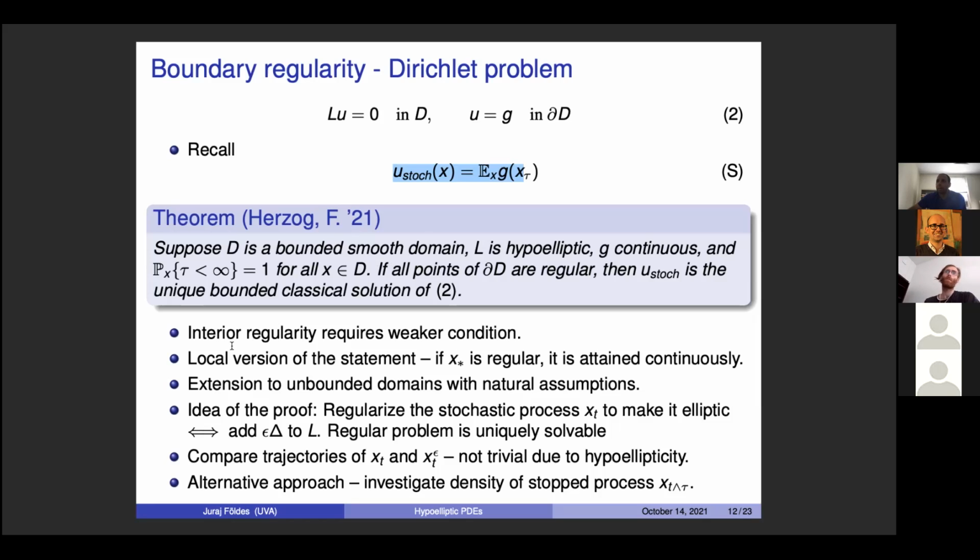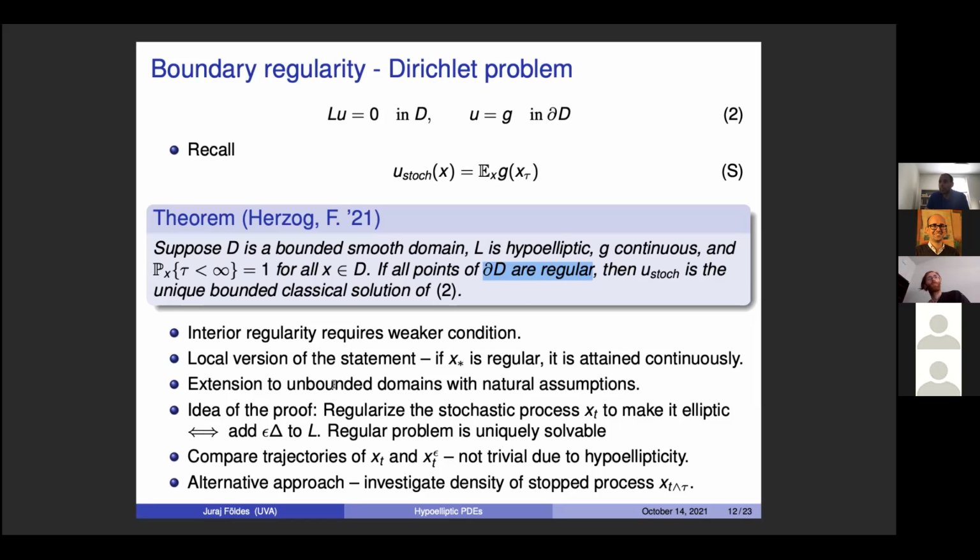So here are some remarks. As I promised, I'm not going to do too many proofs today, just an overview of the theory. Interior regularity requires slightly weaker assumptions. We don't need all the boundary points to be regular, only accessible points, but we don't know which points are accessible or not. So let's assume anyway that all of them are regular.